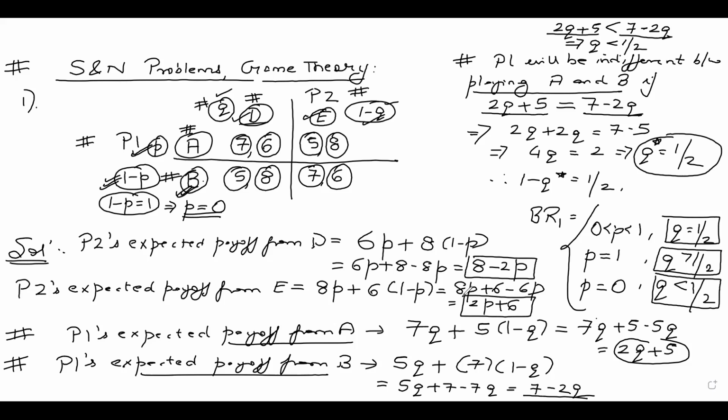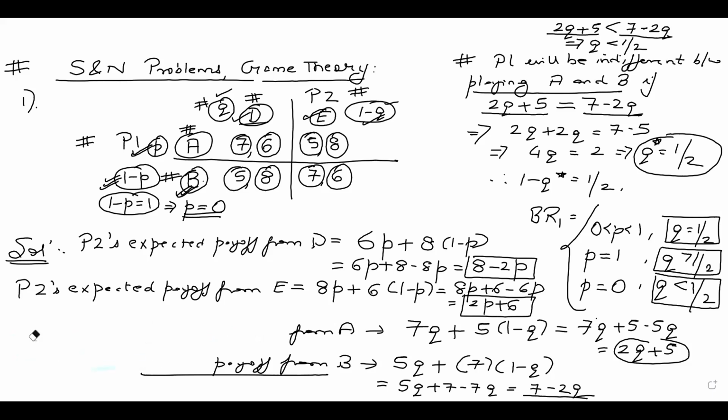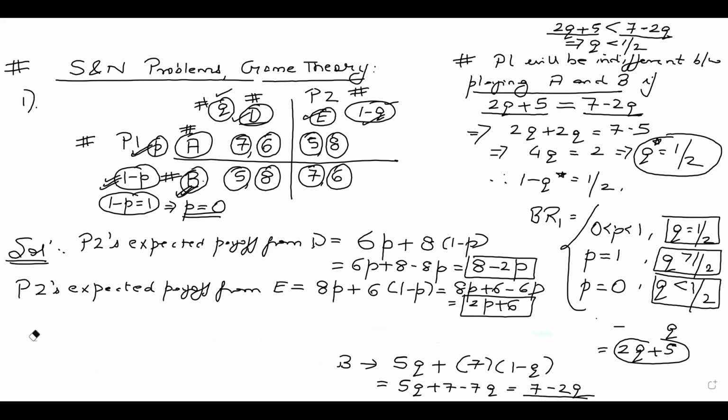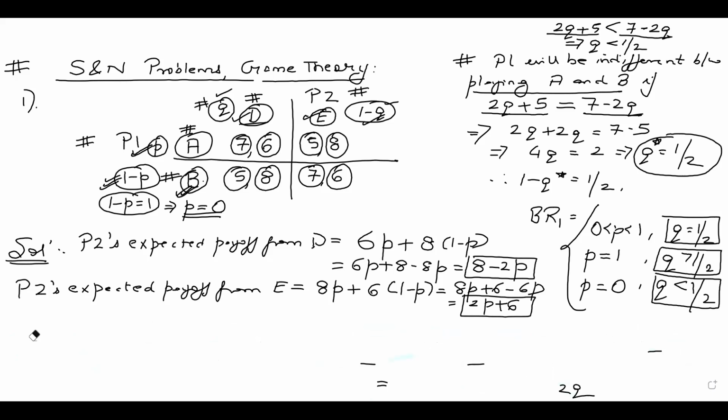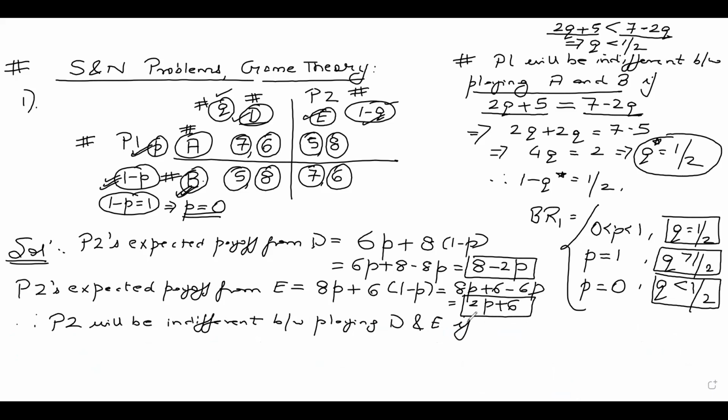When will player 2 be indifferent? So I erase this off now. Therefore, player 2 will be indifferent between playing D and E if player 2's expected payoff from D, which is 8 minus 2P, is exactly equal to player 2's expected payoff from E, which is 2P plus 6.